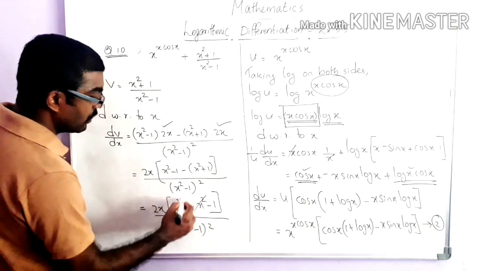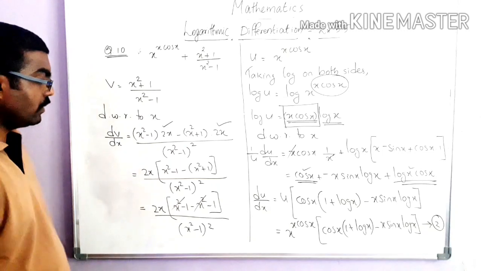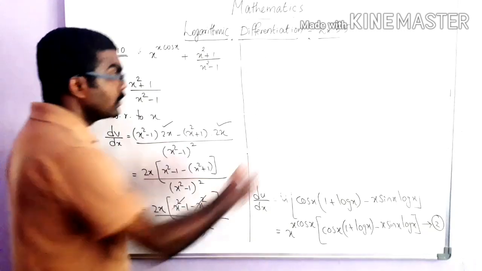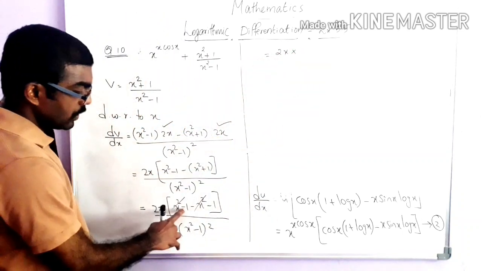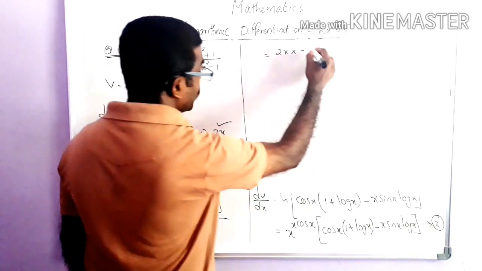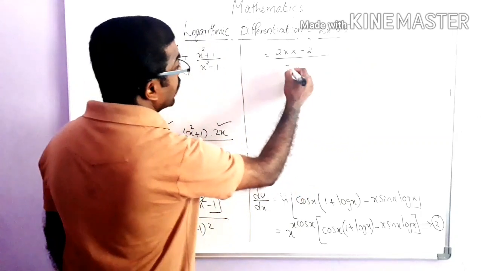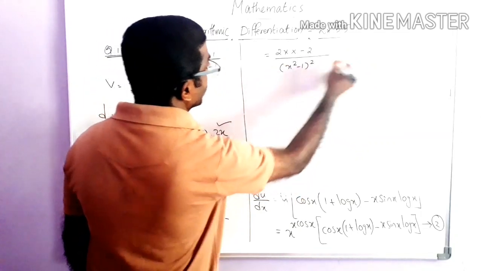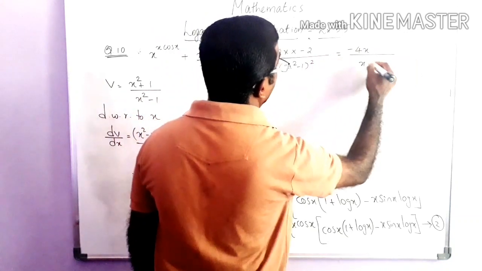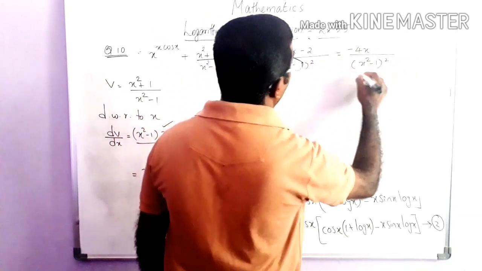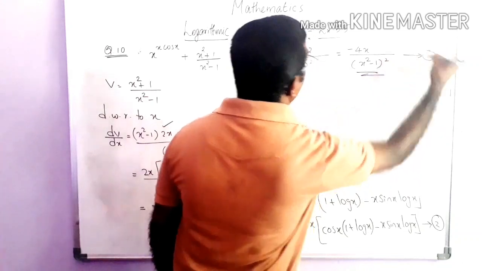This x square and minus x square we can cancel, and the remaining is 2x into minus 1 minus 1, that is minus 2, divided by x square minus 1 the whole square, and it is equal to minus 4x divided by x square minus 1 the whole square. Take it as equation number 3.